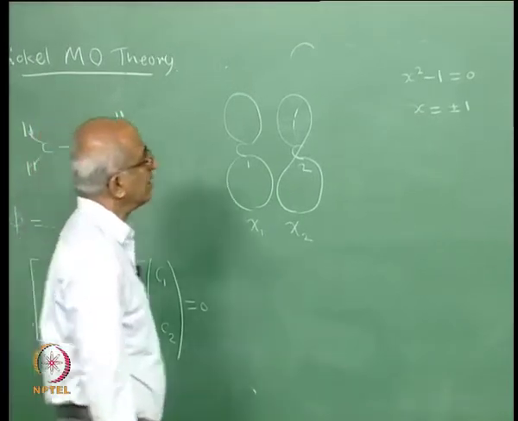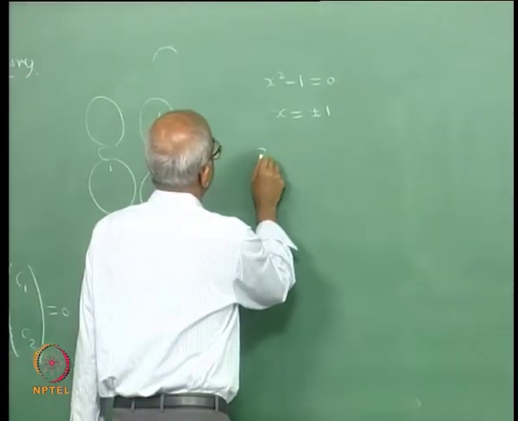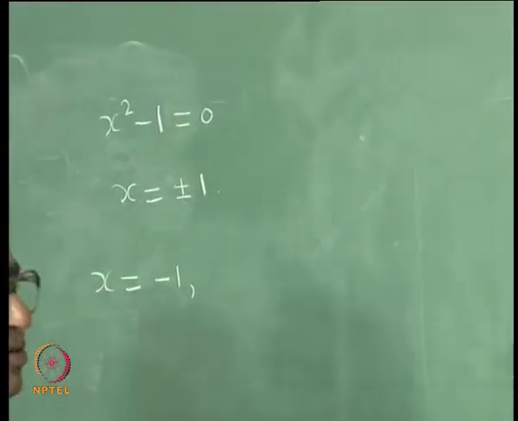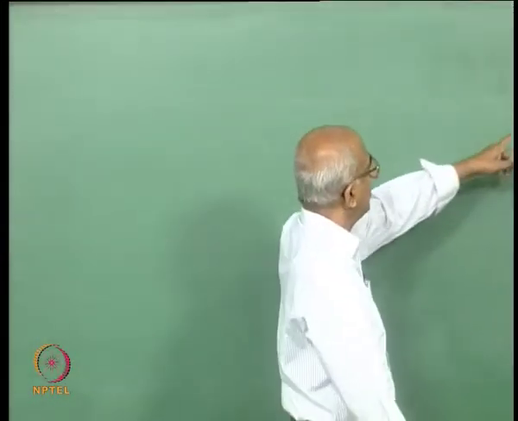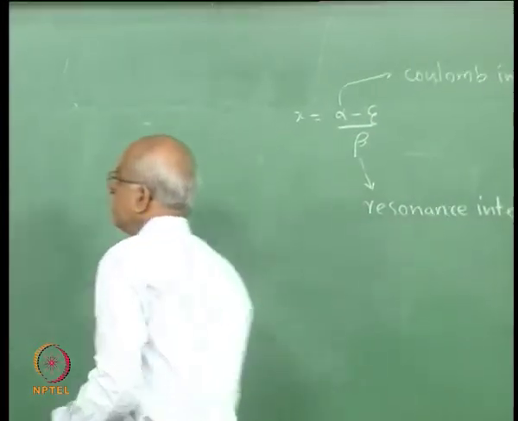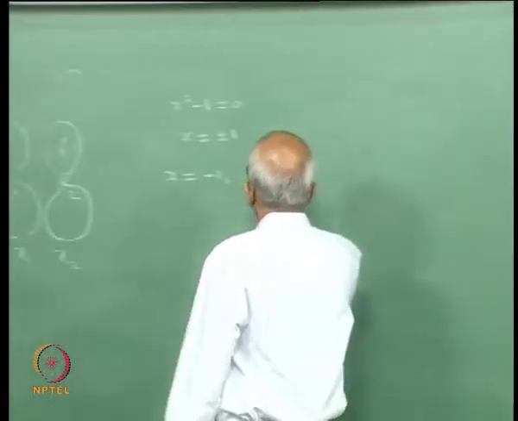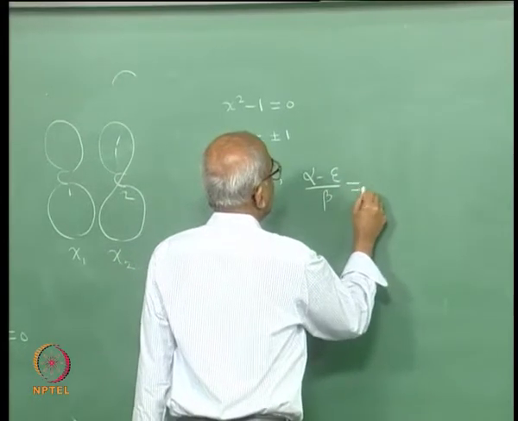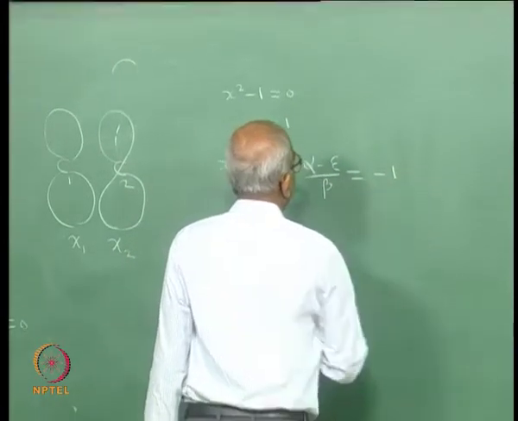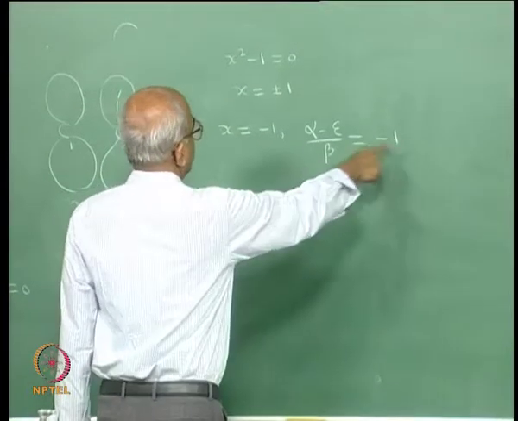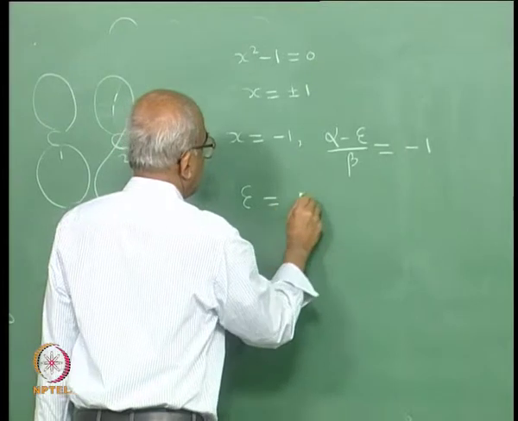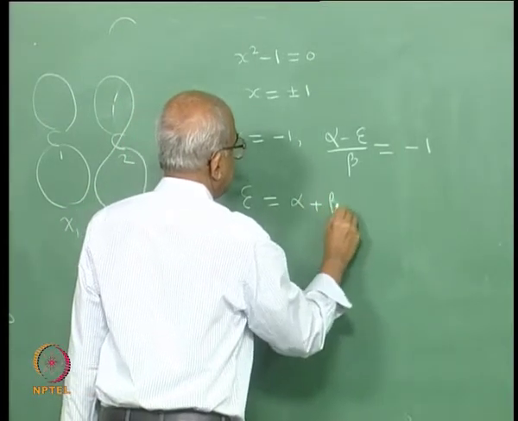Right. And if x is minus 1, what does that mean? It means that you see our definition of x is here, alpha minus script t by beta. So, alpha minus script t by beta is actually minus 1. So, if you rearrange, what will you get? You will get script t to be alpha plus beta.